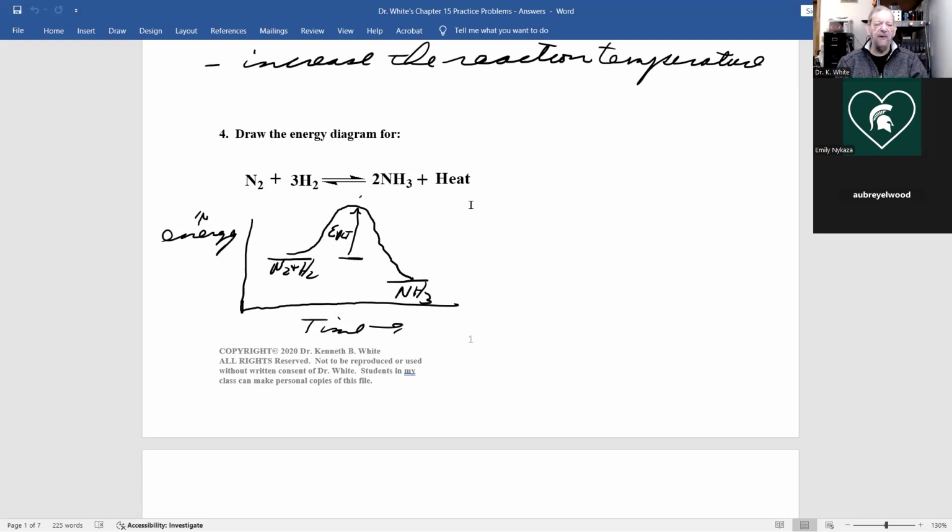Now, there's a principle called conservation of energy. You never destroy or create energy. So the total energy on the left equals the total energy on the right. The total energy on the left is the energy of N2, nitrogen, and hydrogen gas, right here.